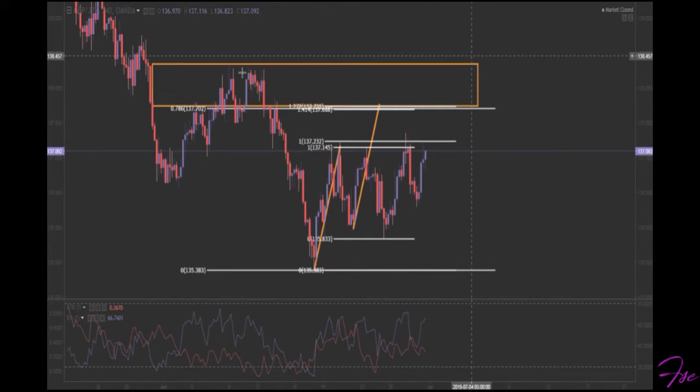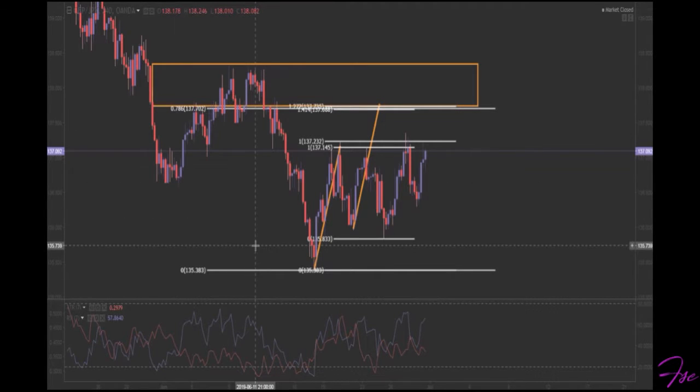I've reduced my kill zone to this orange box, and the way I've done that is I've taken a harmonic move. So we've got a harmonic move which lines up straight at this level, 137.76, it completes at 137.76.